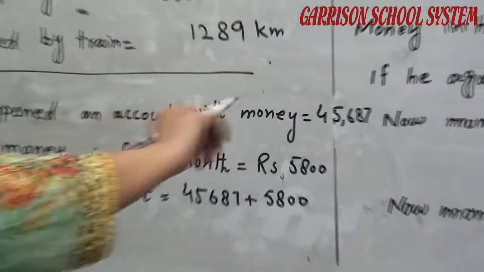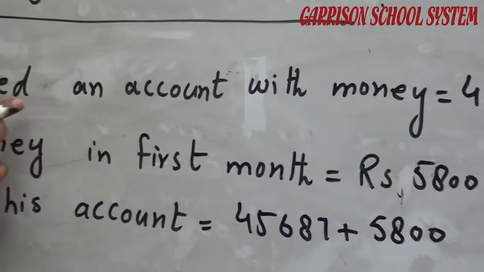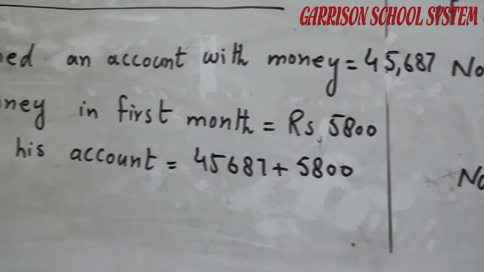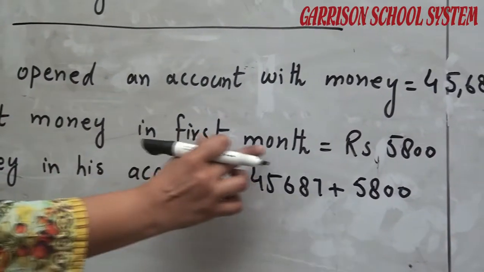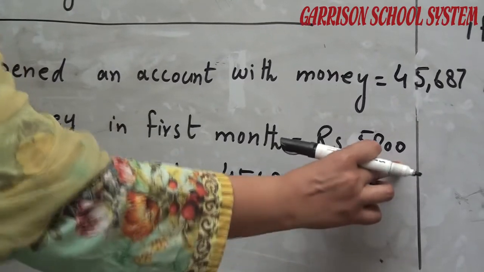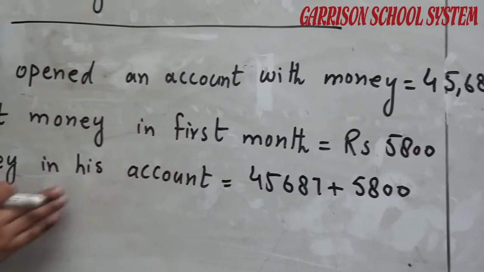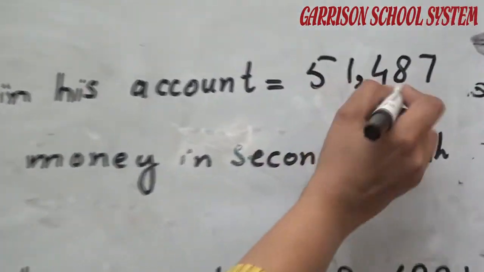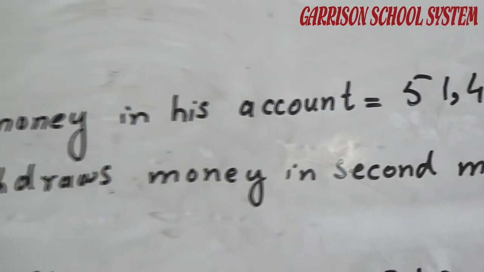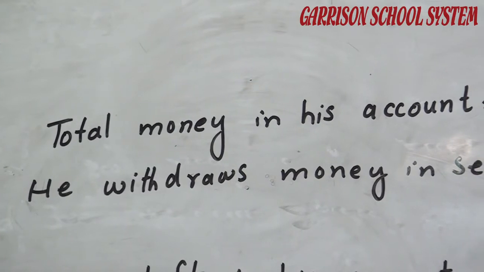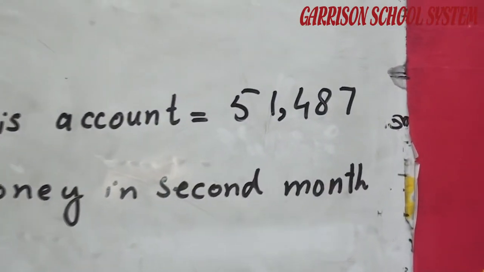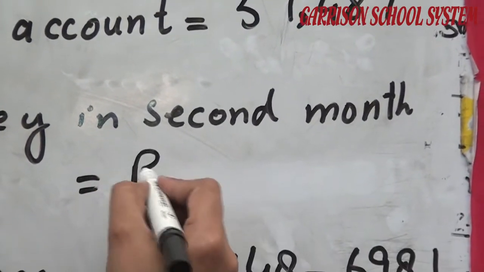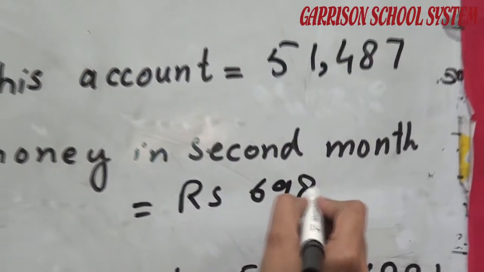So students, you see, when Mr. Hassan opened an account, his money was this. And when he deposited again in the first month, he deposited 5,800 in the account. When we add them, we find the total money in his account is 51,486. Now again he withdrew money in the second month. Students, he withdrew 6,981.